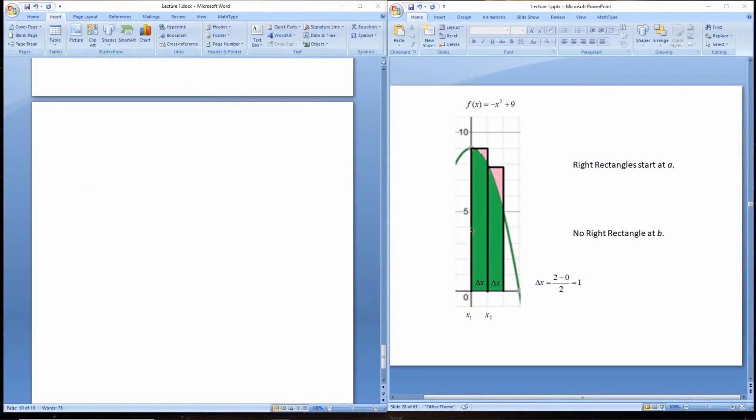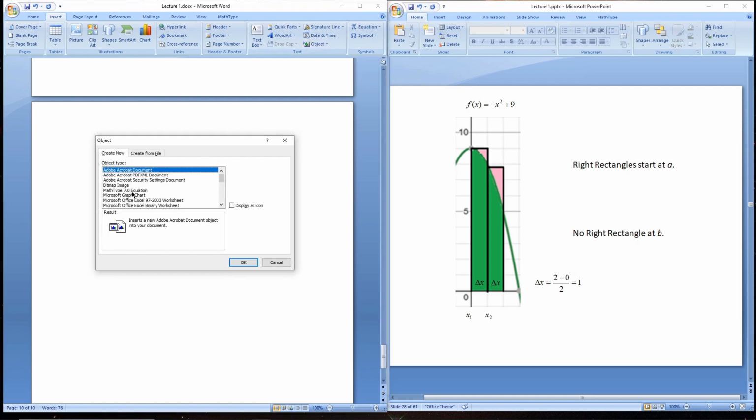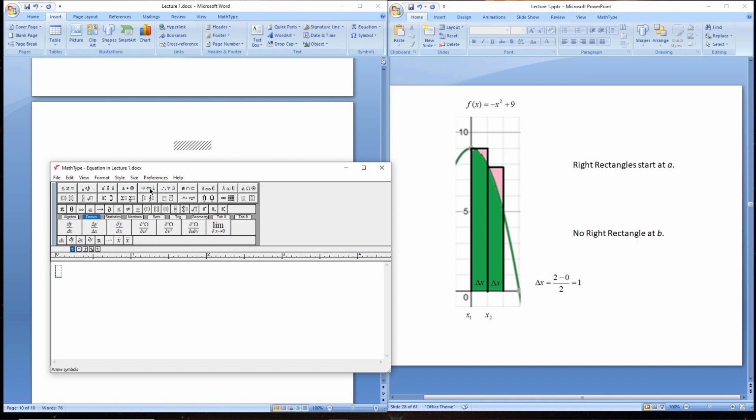So if we look at this area over here, we're going to add these 2 rectangles together, just like we did with the horizontal line. So our area is going to be the first rectangle. Now the first rectangle has a height that's the output of the function at x1.